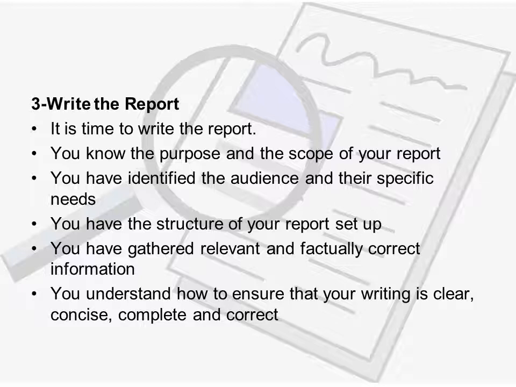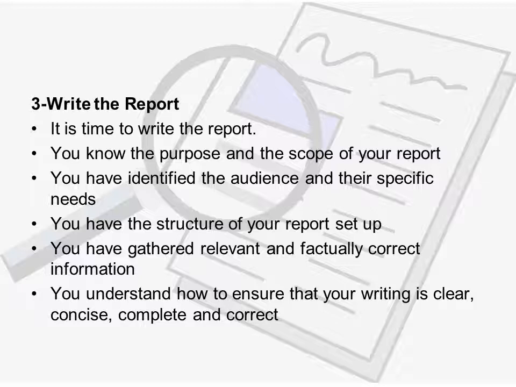It's time to write the report. You know the purpose and the scope of your report. You have identified the audience and their specific needs. You have the structure of your report set up. You have gathered the relevant and factually correct information.